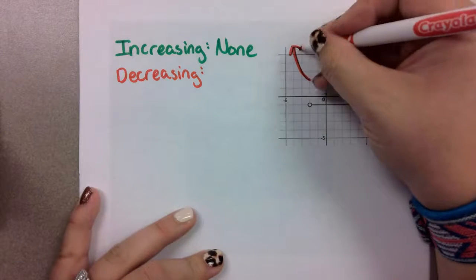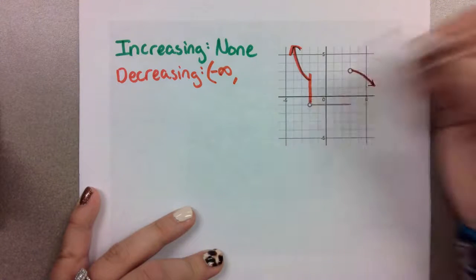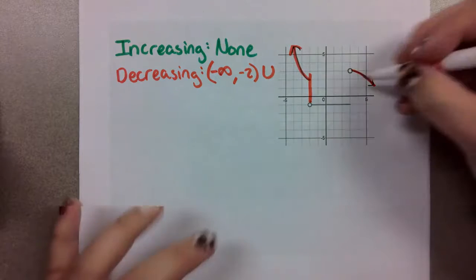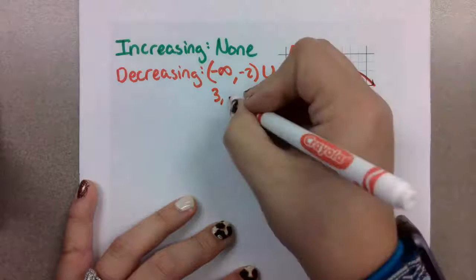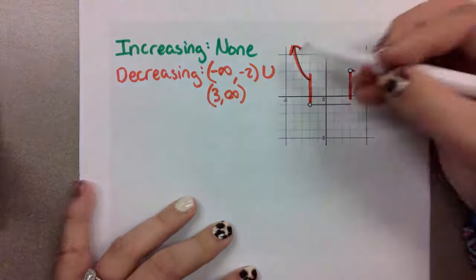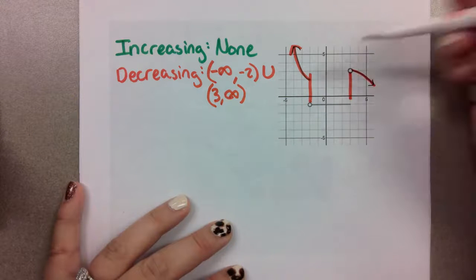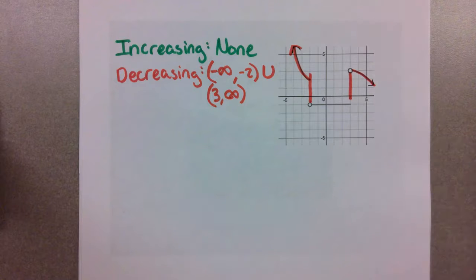So we start at negative infinity until we hit negative 2. Put that U for or. We start decreasing again here at 3 until positive infinity. We do use the or there because we're not talking about an overlap anywhere. We're saying it's over here or it's over here. I can be talking about either one.